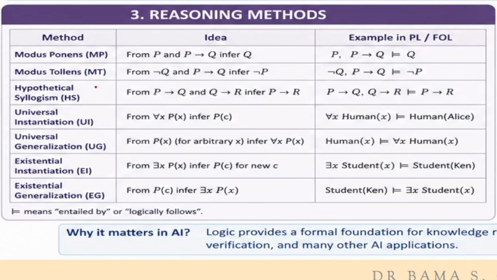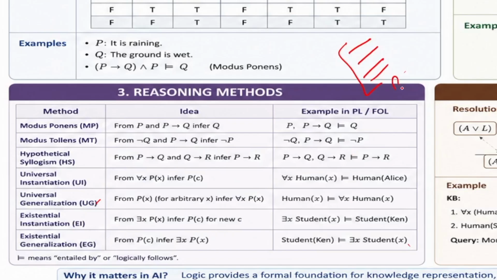And using these we have different reasoning methods that are available using rules like modus ponens, modus tollens, syllogism, universal generalization and so on. So, using these reasoning methods we can ask a machine to reason out: given some statements, can a conclusion be derived?